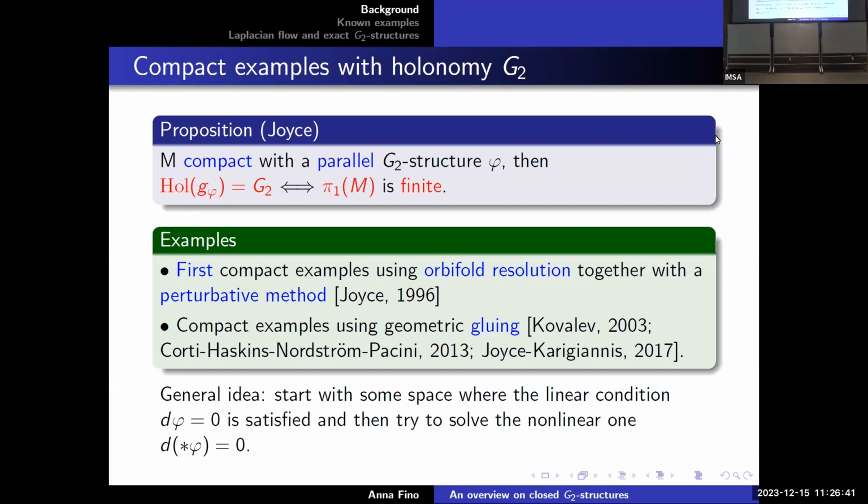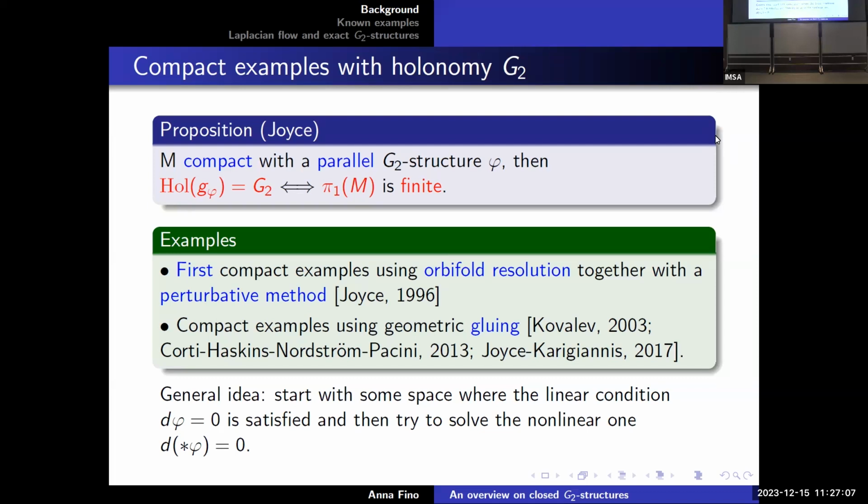So essentially the construction starts with T7, the 7-dimensional torus. You take a quotient by a finite group, which is contained in the automorphisms of the usual G2 structure. And what you want to have is an orbifold here. You start with the orbifold. Of course, you need some condition on the orbifold.